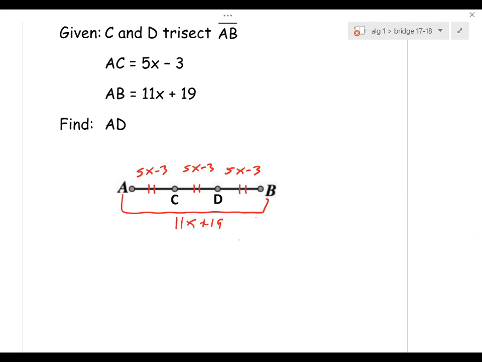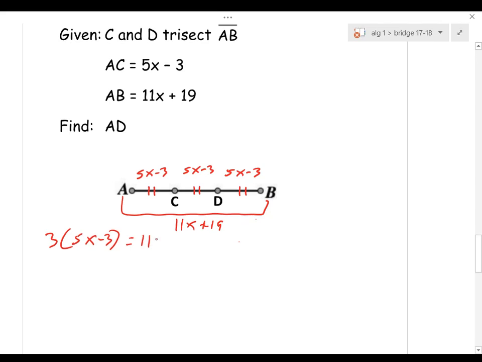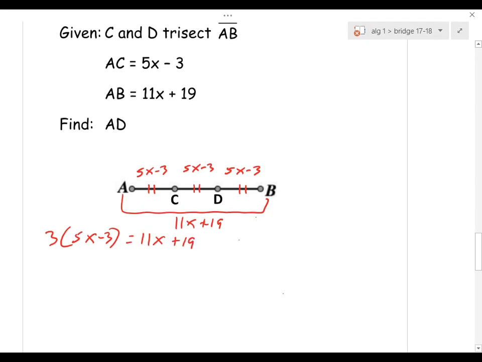So I can combine the three expressions, 5x minus 3. So I can either multiply it or you can just add 5x plus 5x plus 5x is 15x, which is the same as that distribution.